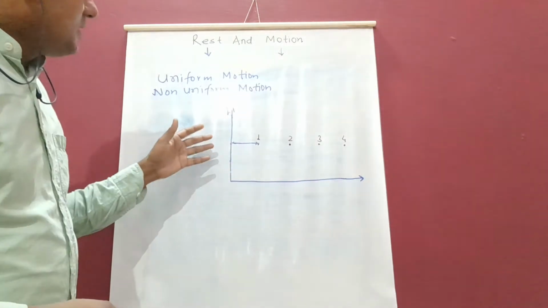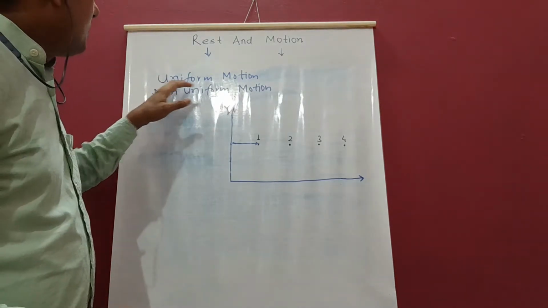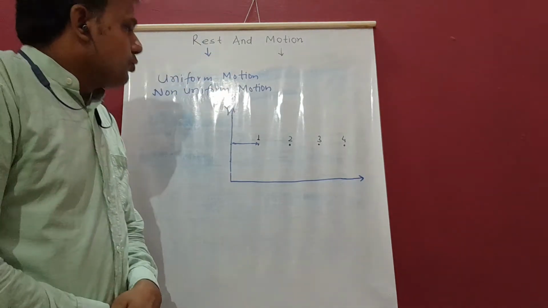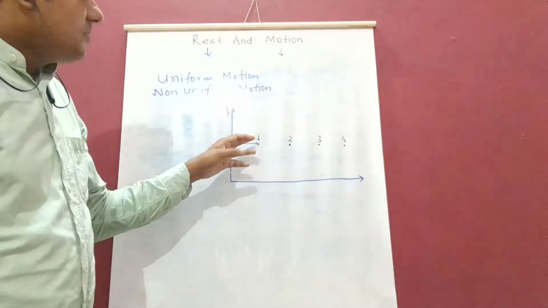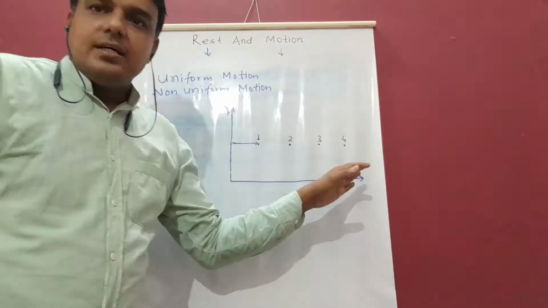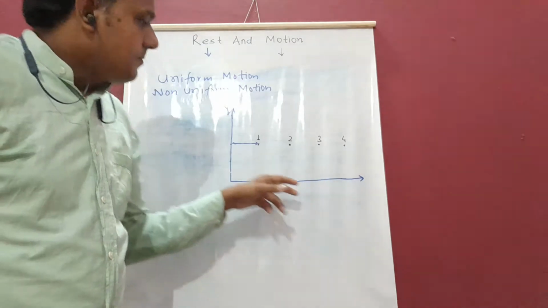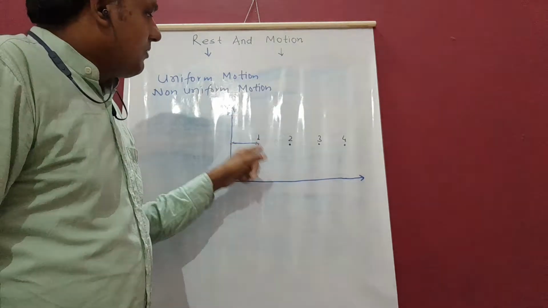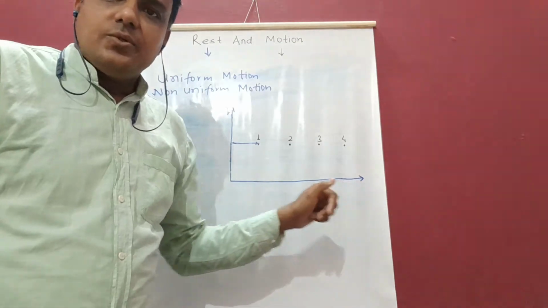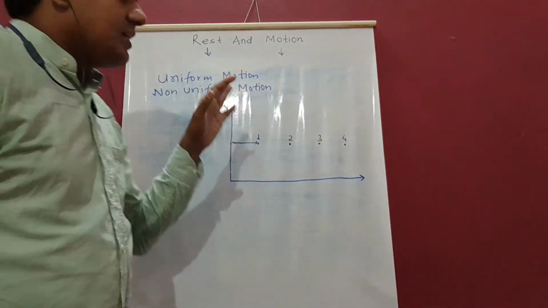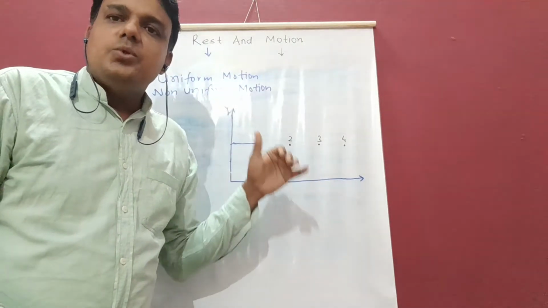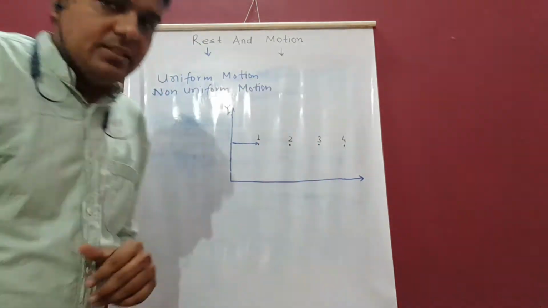If I take another example for uniform motion, here 4 points are represented for the motion of an object. These are represented as 1, 2, 3 and 4, and for each point the time is t1, t2, t3 and t4 respectively.